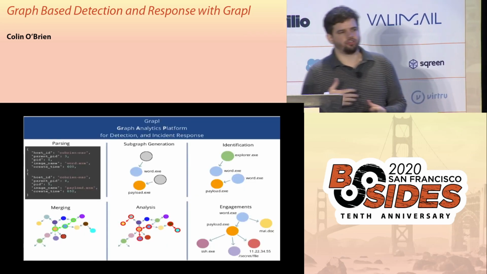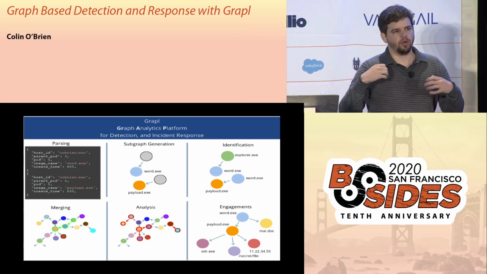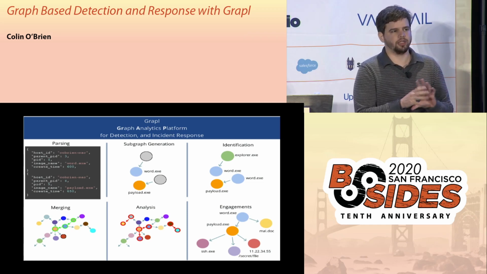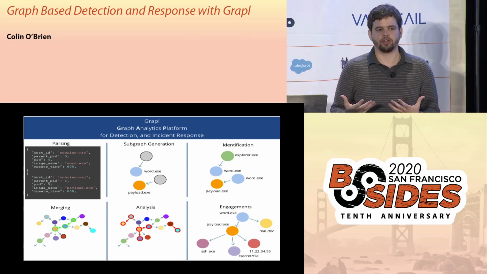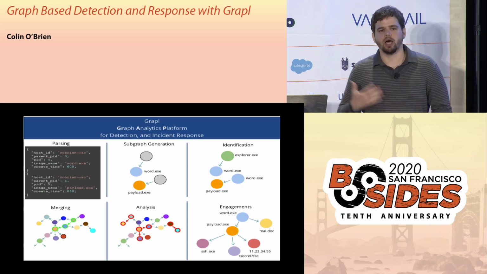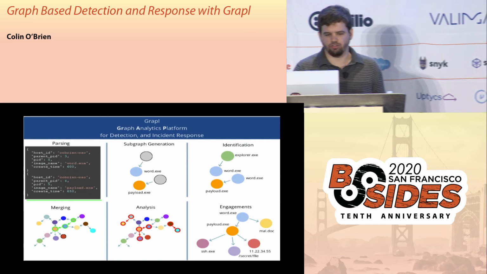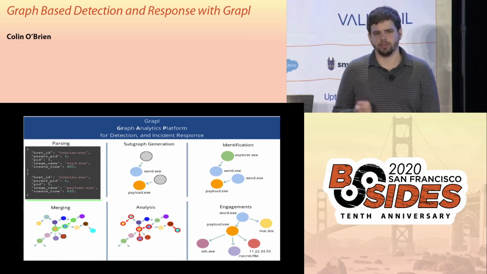And so Grapl really tries to demonstrate what we've just seen. It tries to demonstrate that when we can move from thinking about logs as our fundamental primitive and instead more as a building block into an abstraction that matches what attackers are doing more closely, we can be a lot more effective as defenders. So Grapl will ingest raw logs. You can send it Sysmon or any other data type that it supports.